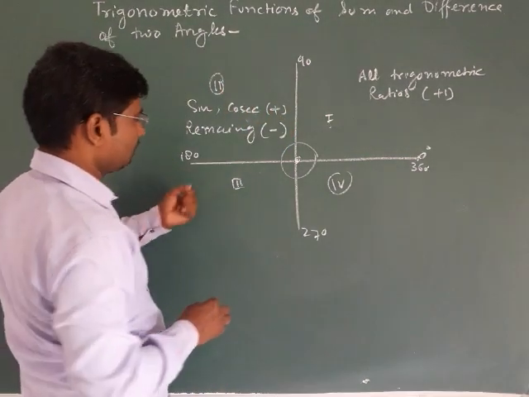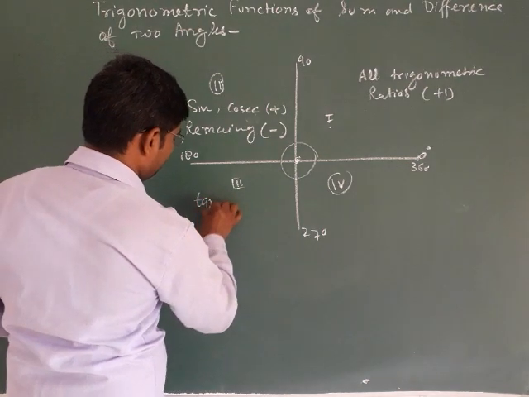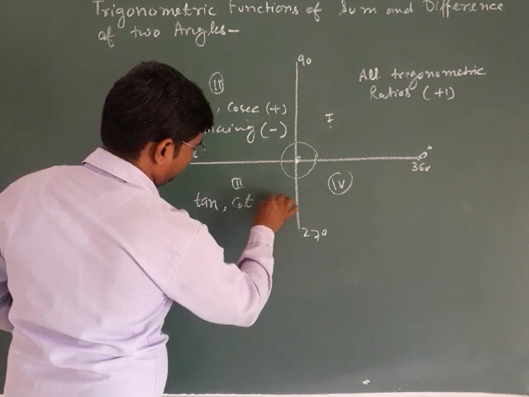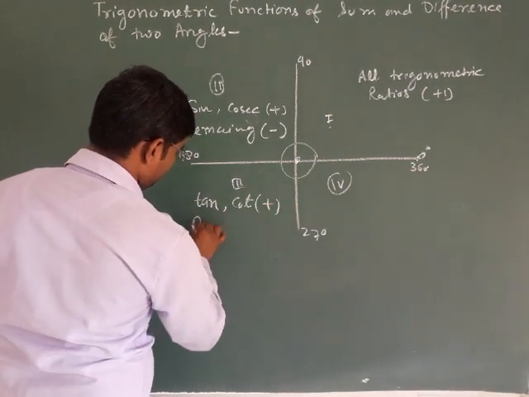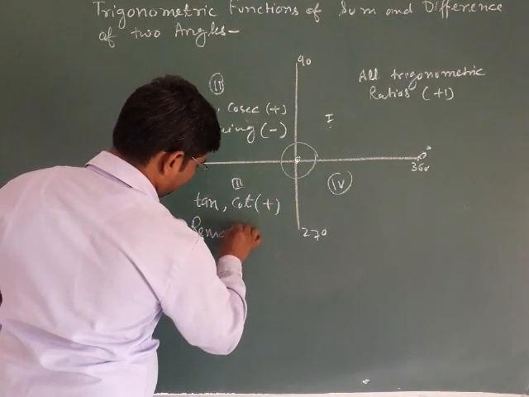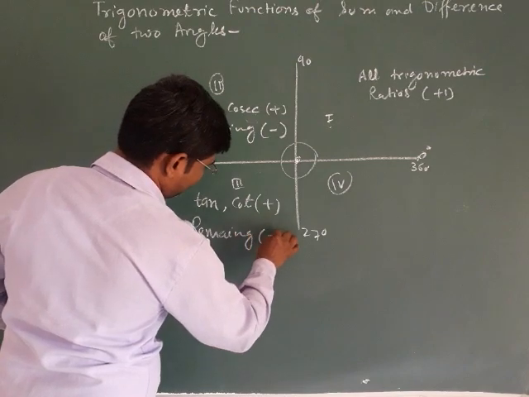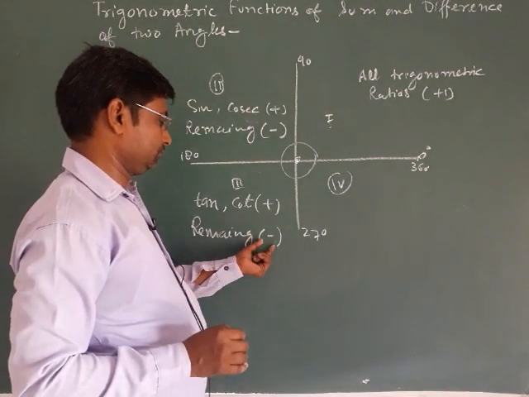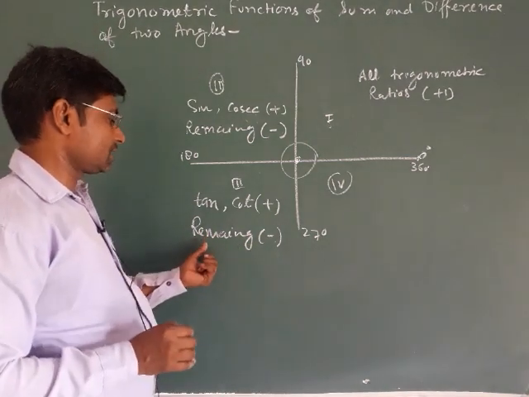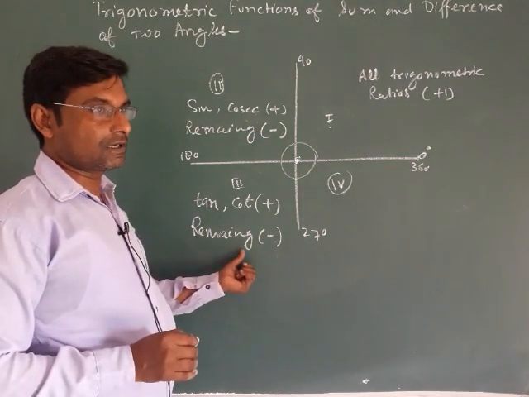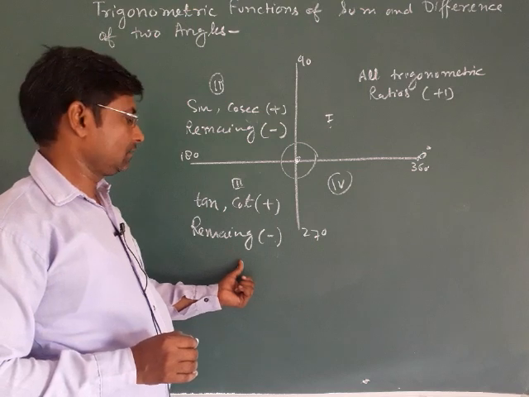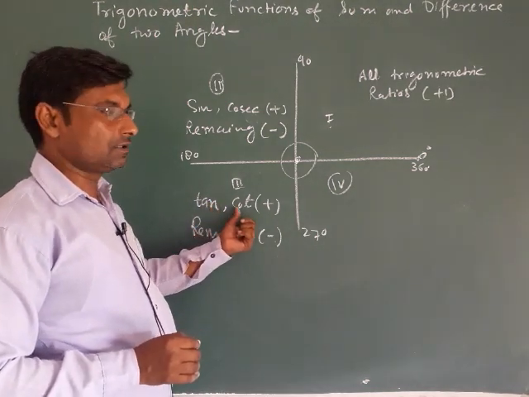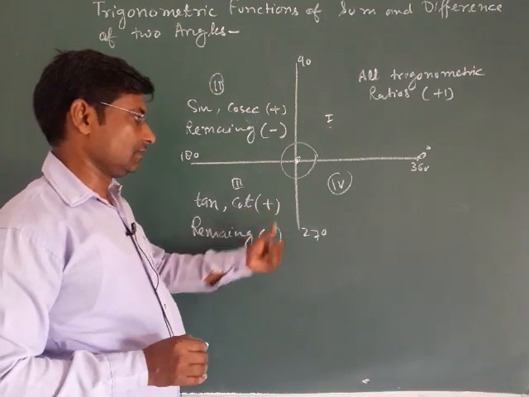In the same way, in the third quadrant, tan and cot are positive and the remaining ratios are negative. That is, sine, cosec, cos, sec values are negative but tan, cot values are positive.